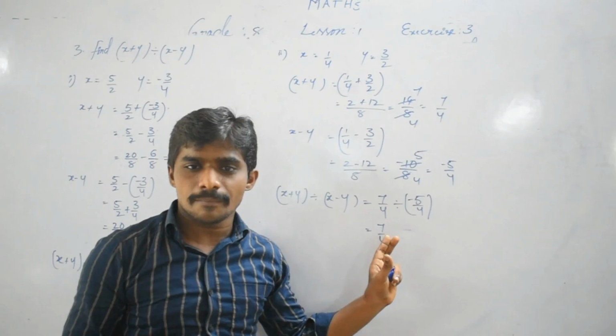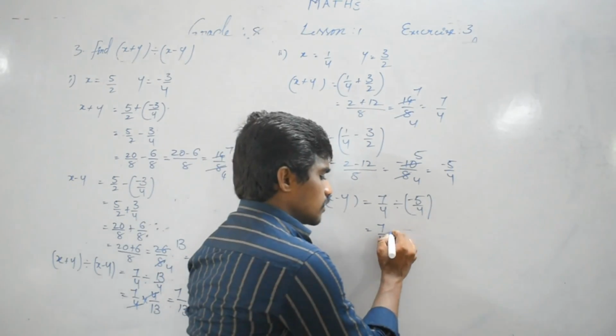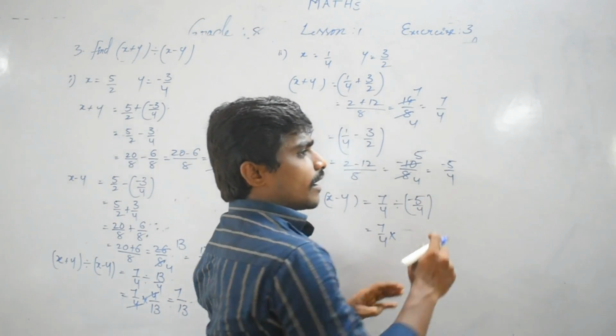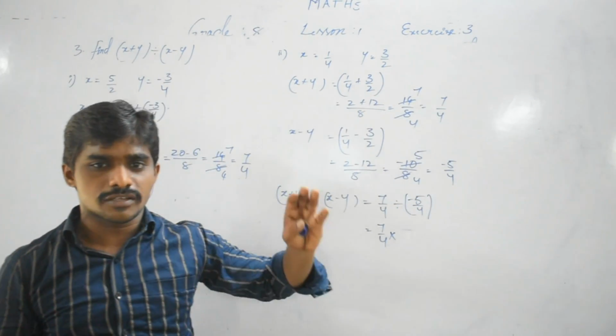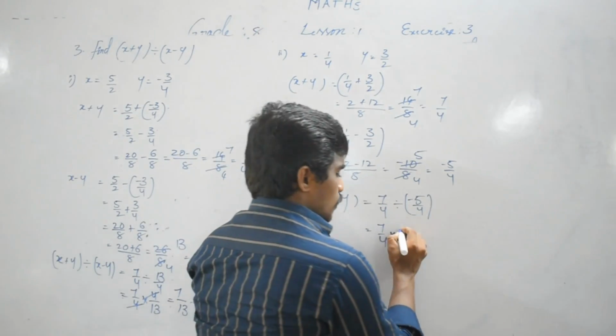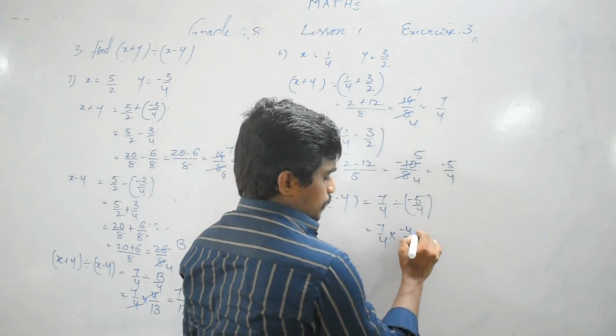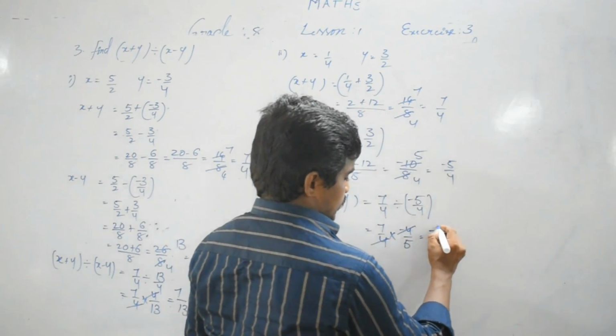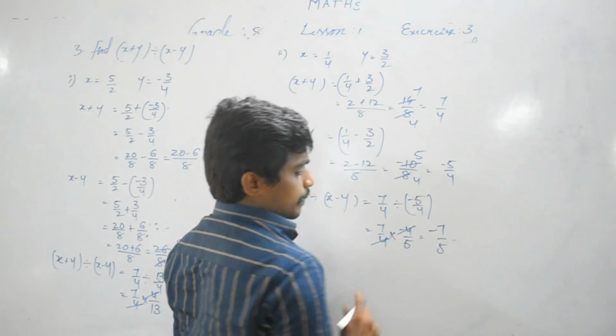This division symbol converts to cross out. This reciprocal we are writing. Reciprocal reverse, numerator comes to denominator, denominator comes to numerator. So minus 4 by 5, 4 4 cancel, minus 7 by 5.